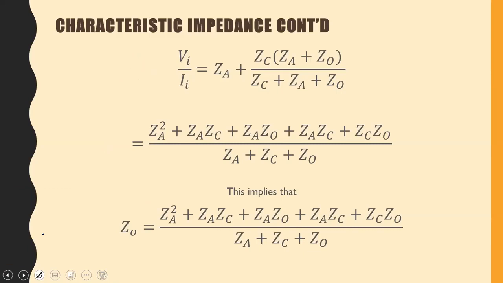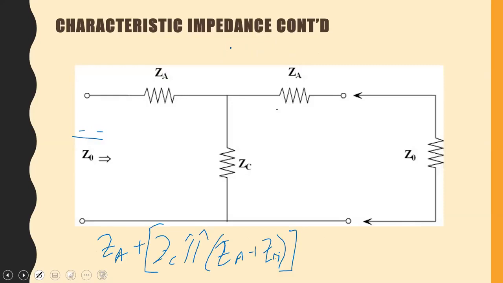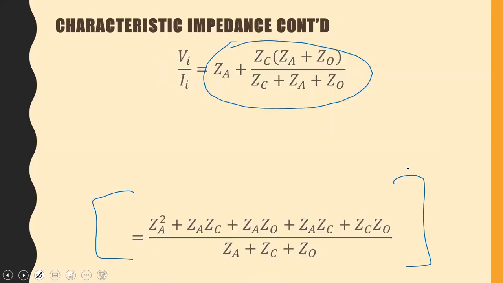So, do you agree that this is true? Because all we have done is this, you agree that this is the input impedance? Yes, sir. And by definition, we said that when we connect Z0, the input impedance will be equal to Z0. Because we have made the connection, the input impedance would be equal to Z0. That's all we are doing here.